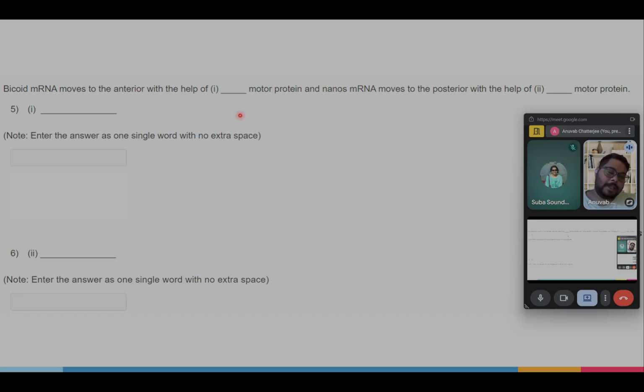So if you know which motor goes to the negative and which motor goes to the positive, you can easily answer this. Any ideas?